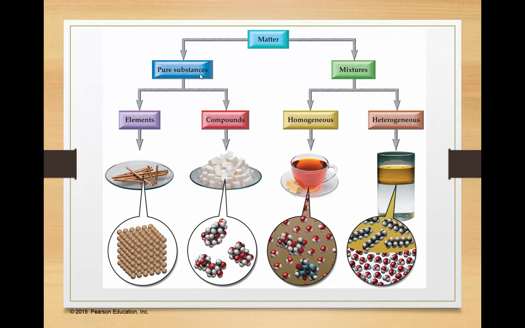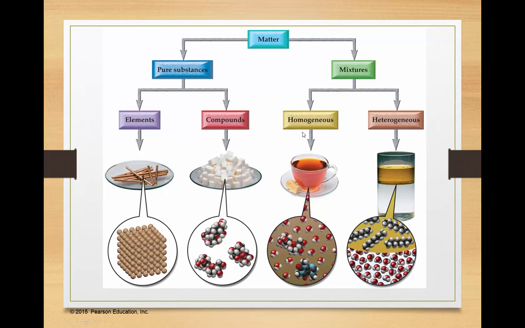Now, if you have more than just an element or a compound, if you have more than one compound or more than one element and compound combined together, you're looking at the idea of a mixture. With mixtures, you're looking at different substances that are not chemically bound together, but are simply mixed together in a physical manner.